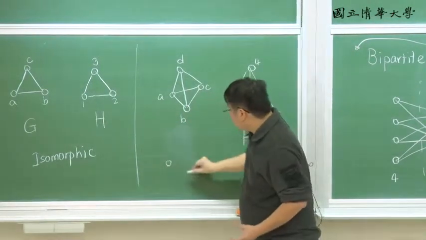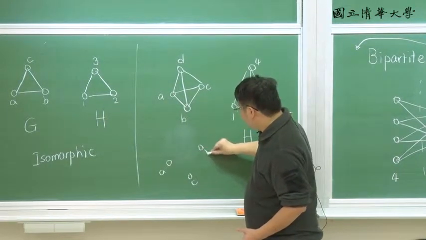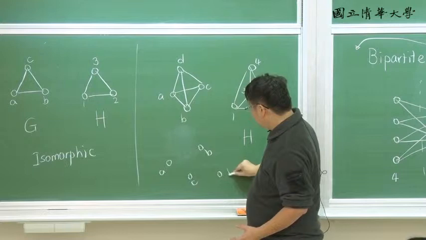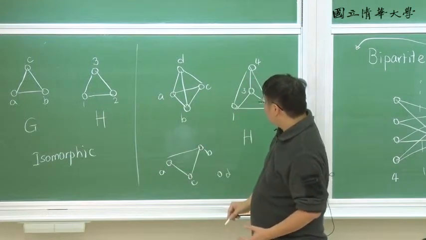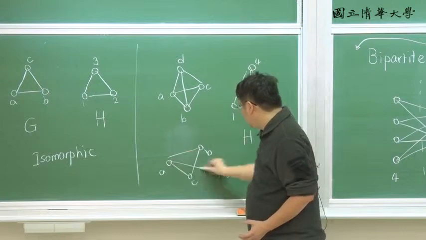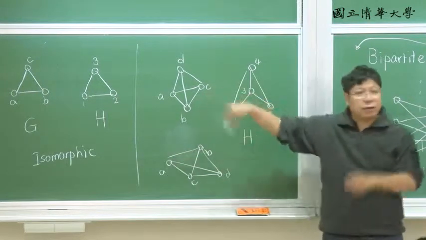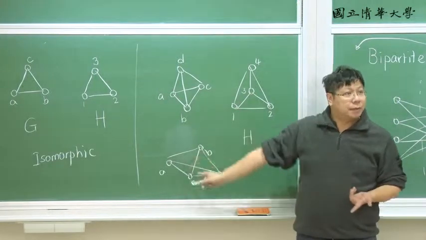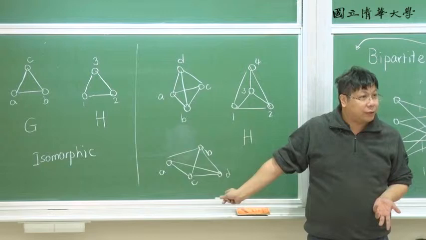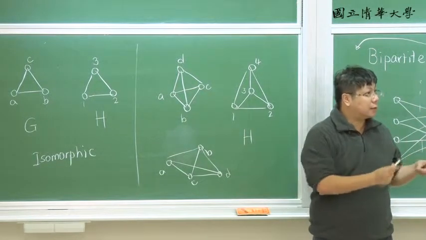I can change A to here, C to here, B to here, and D to here, and then we have A, B, C, A joining to D, B joining to D. So this is also the same if I change the labeling, the ordering. These two are still the same graph because they are defined on the same set of vertices and the same set of edges joining the vertices.